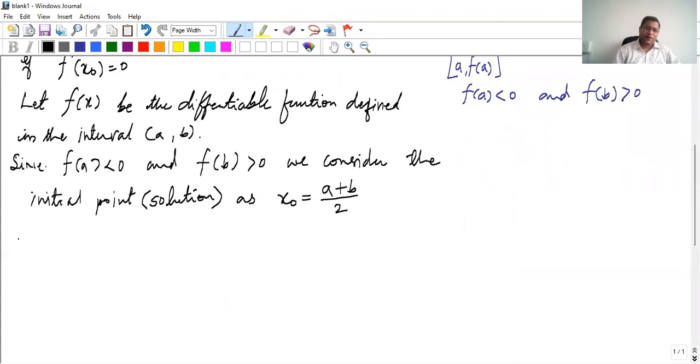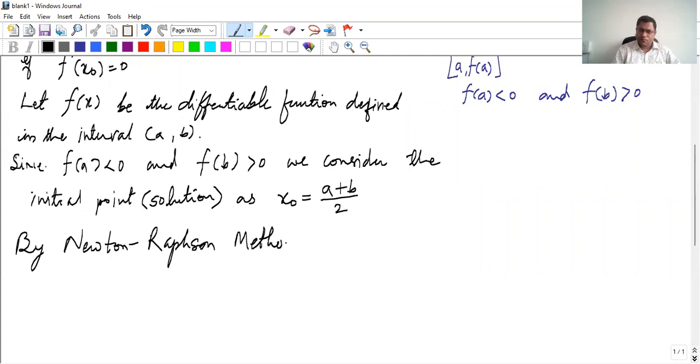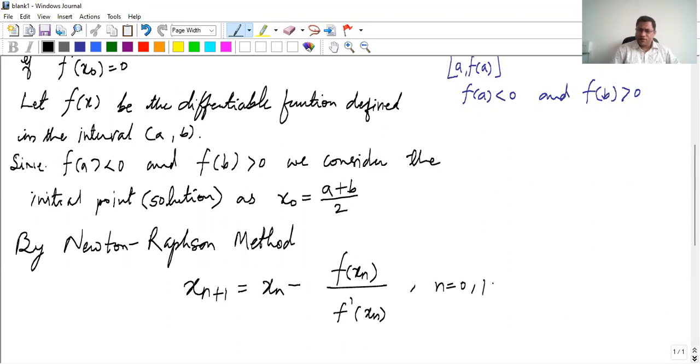By the Newton-Raphson method, we have the general formula: x(n+1) is equal to xn minus f of xn divided by f dash of xn, where n is running from 0, 1, 2.